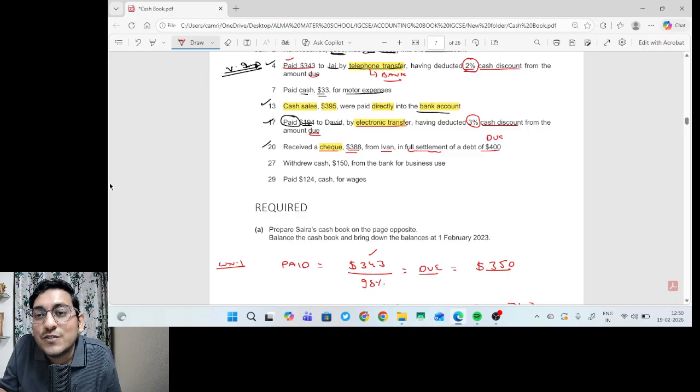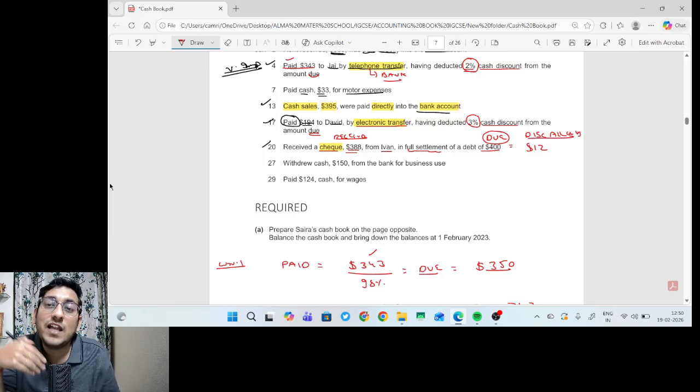So, can I say the due value is already given? Whatever we received is also given. So can I say that the difference of 400 minus 388, that is $12, is my discount allowed? Sir, how is it allowed? Because we are receiving the money and we are receiving less money, that means we have allowed the discount. You understand the point or not?